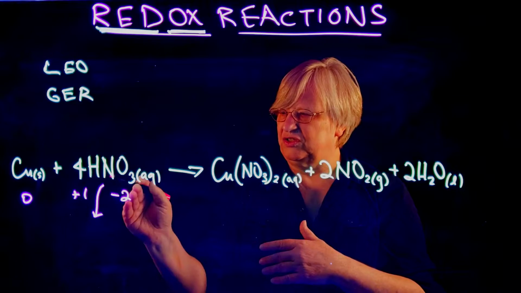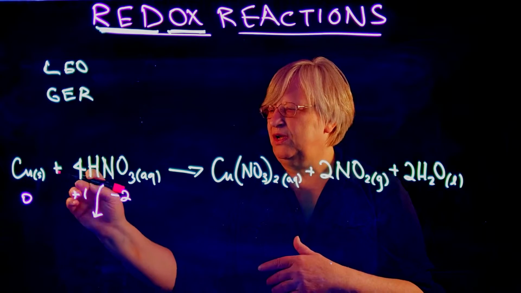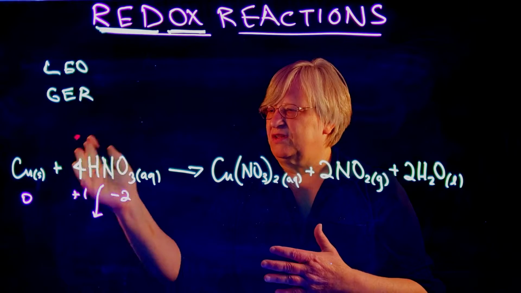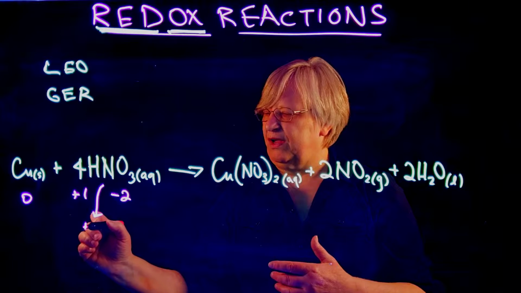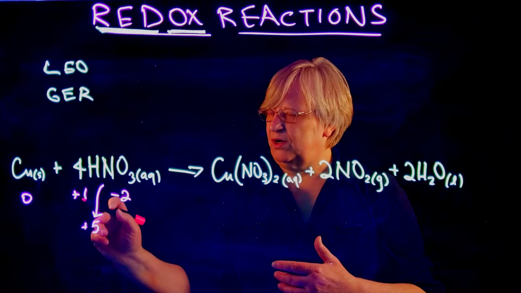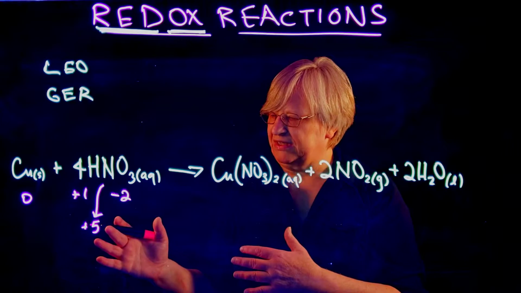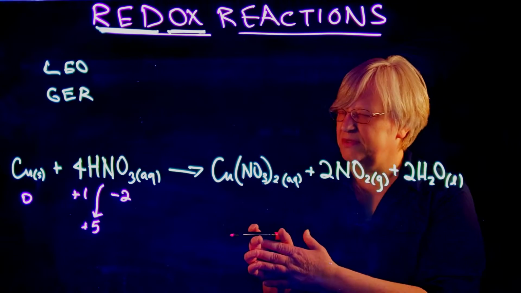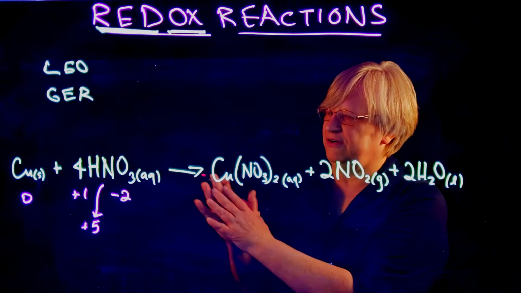Each one of the oxygens is a -2, so -2, -2, -2, and a +1. How do we make this whole thing add up to 0? Because there is no charge listed up here. Well, that would have to be a +5. +1 and a +5 makes +6. -2, -2, -2, -6 adds up to 0. Okay? So we've got all of our oxidation numbers assigned for our reactants.